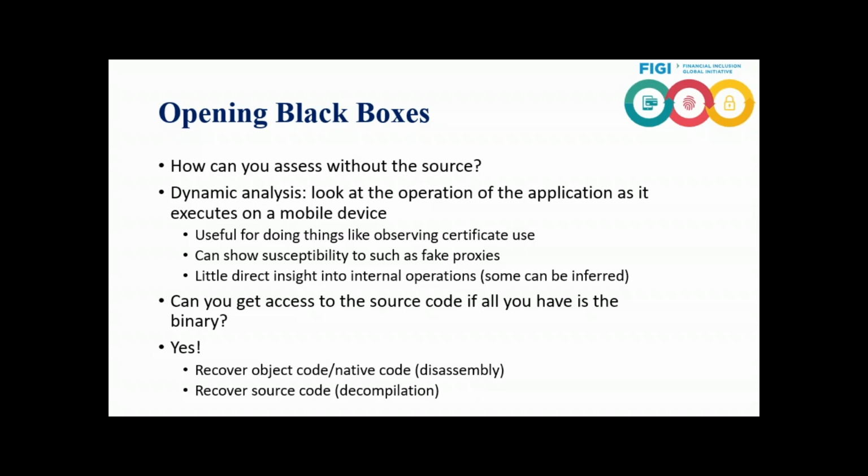Now, having the source is always best because you'll actually be able to see what's going on inside the application. What you can do as well, though, is what's called a dynamic analysis, where you look at the operation of the application as it's running on a mobile device. This can allow you to do things like observe how TLS certificates are negotiated. It can show you susceptibility to, for example, a fake certificate: if you install one into the phone, you can see whether the phone trusts it or not.